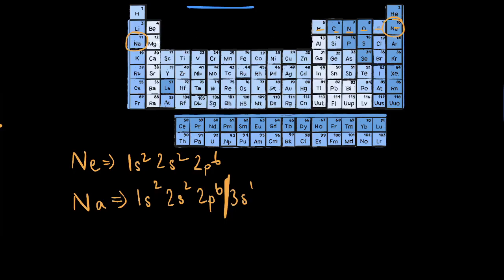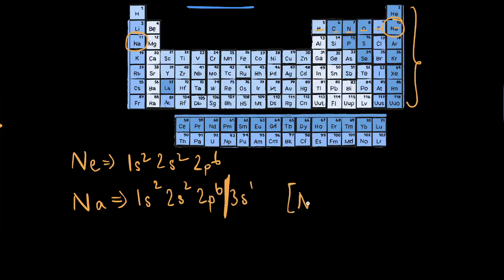And when I say nearest, it's not the one that comes after, it has to be the most recent noble gas that comes up in the sequence. Just looking to our left, we can see that the closest noble gas is neon. Noble gases are these here: helium, neon, argon, krypton, xenon, and so on.